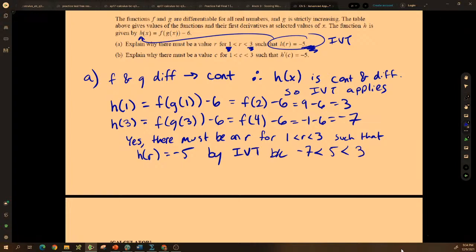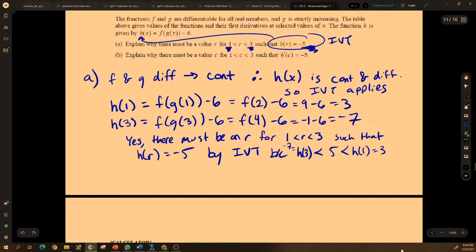Or if I want to, instead of saying negative 7, I could have written h of 3 is less than 5, which is less than h of 1. And some of you even go a little bit extra and say h of 1 equals 3 and h of 3 equals negative 7. That's great as well. But basically you're showing that h of 3 and h of 1, 5 is in the middle of them.